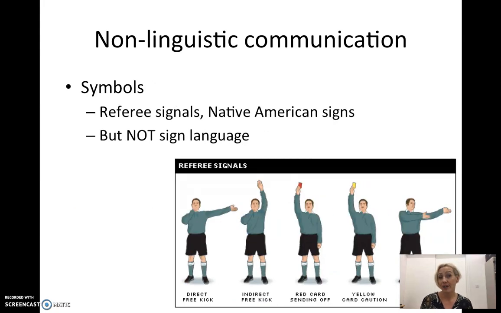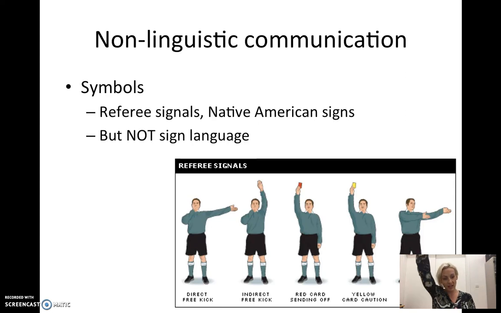Some other non-linguistic communication are systems of signs. For example, football referees have a whole system, and you can see examples here on the slide. So when you stretch out the arm, right, it means direct free kick.